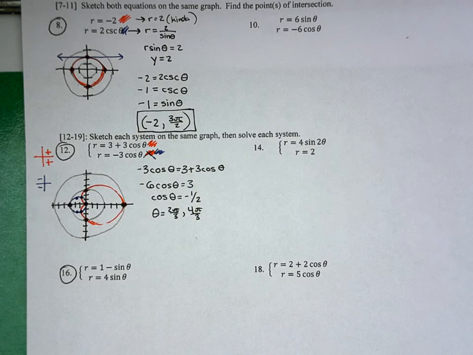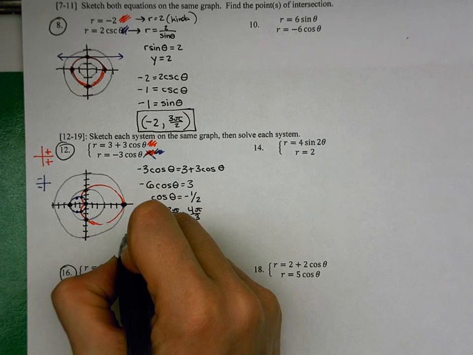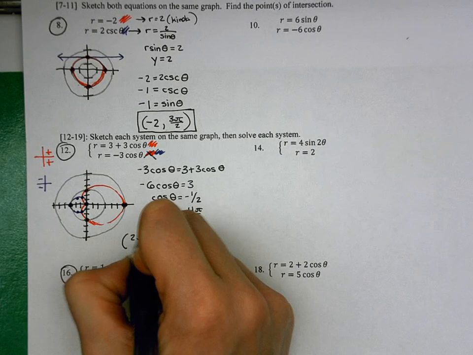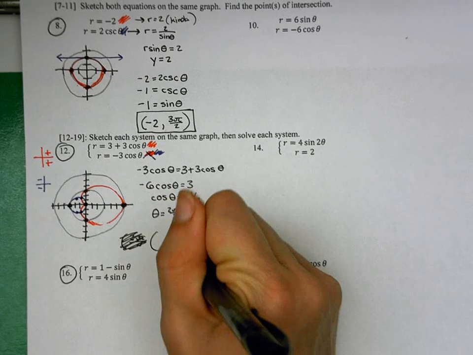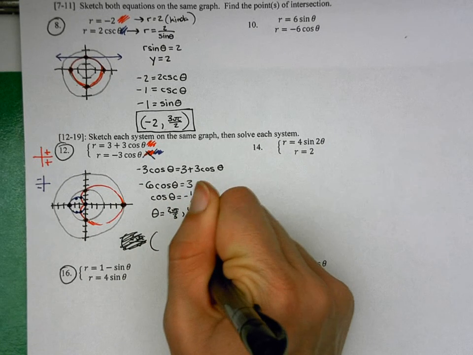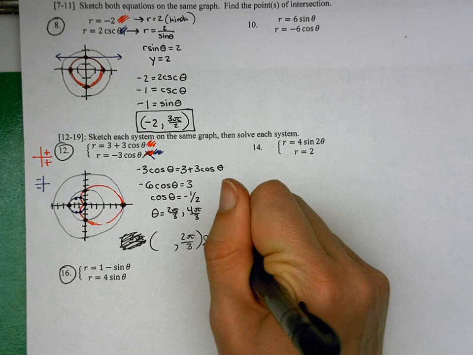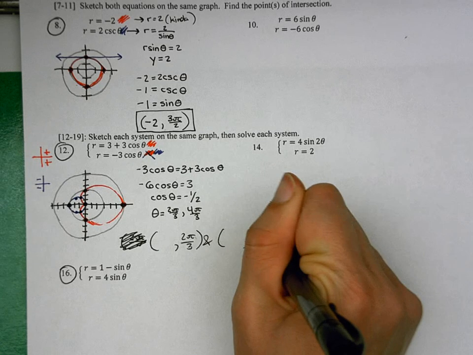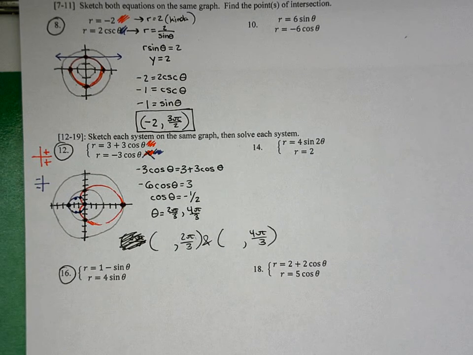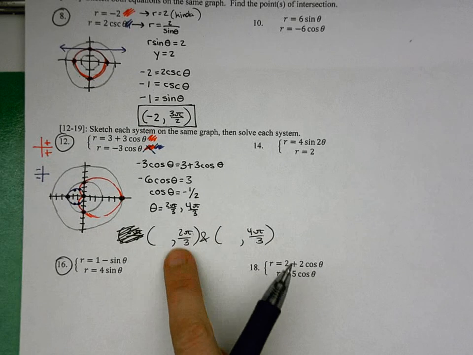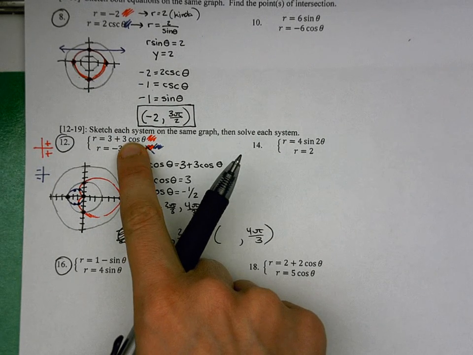Okay? And so then our coordinate points here would be, r first, theta of 2 pi over 3 and 4 pi over 3. Our r, in this case we aren't given an r, so we are plugging that in. Cosine of 2 pi over 3 is -1/2.